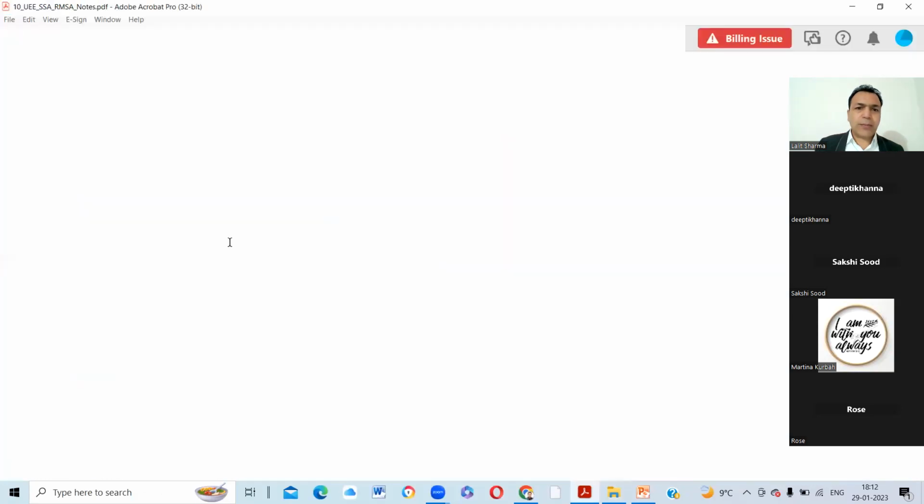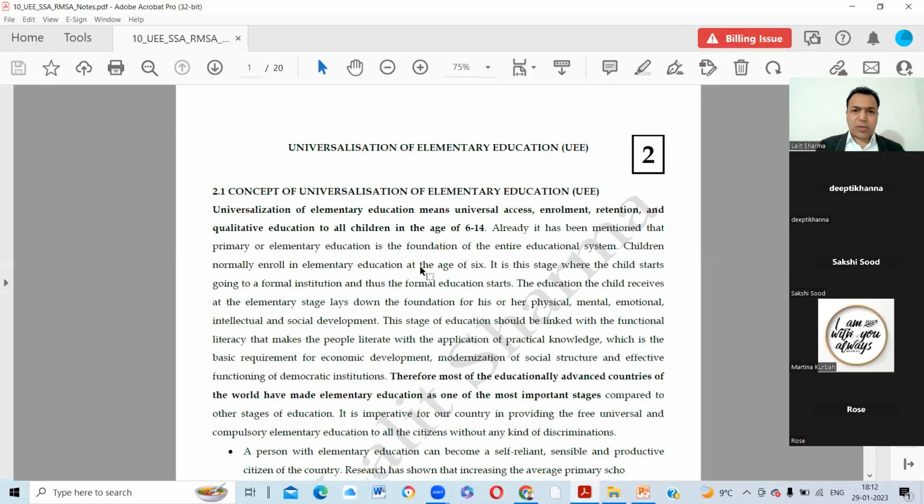So this is the universalization of elementary education. First you have to understand the meaning of universalization of elementary education. It means universal access, enrollment, retention, and qualitative education to all the children across the country from the age of 6 to 14.